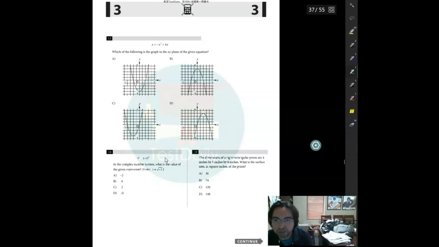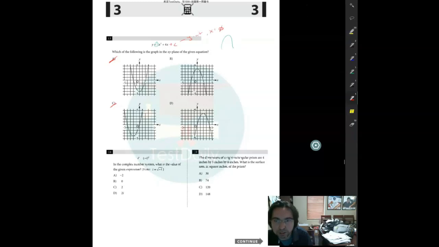We see that we're graphing a polynomial here, a quadratic equation of some type. A couple key things. We see that we have a negative, so that means we've got a parabola that's going upside down. So immediately we can eliminate A and C, since those are happy ones. The other thing we can see here is that there's no constant term. Normally if you have a C, that's going to be the y-intercept when x equals 0.